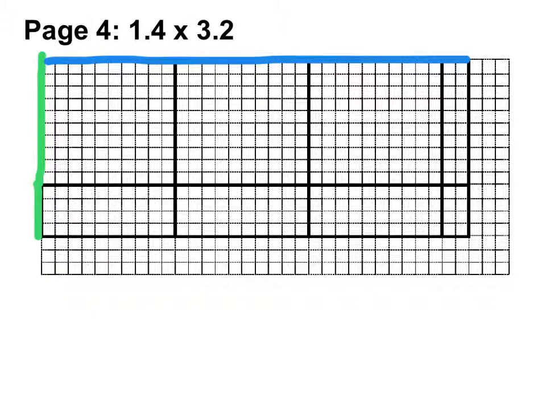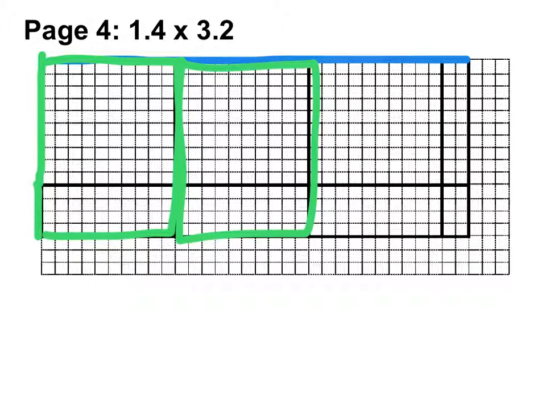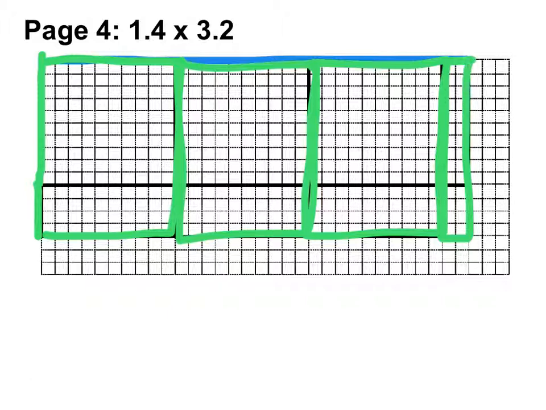If I think of this in terms of repeated addition, this here is 1 4/10. Here's a second 1 4/10. Here's a third 1 4/10. And here's 2/10 of 1 4/10.